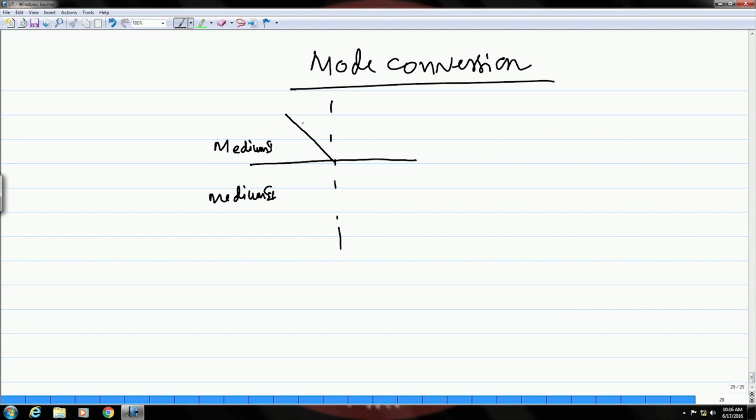So, let us say this is the incident longitudinal wave, and the velocity in medium 1 is V L 1, and then this is the transmitted wave, and this is the incident angle alpha 1.